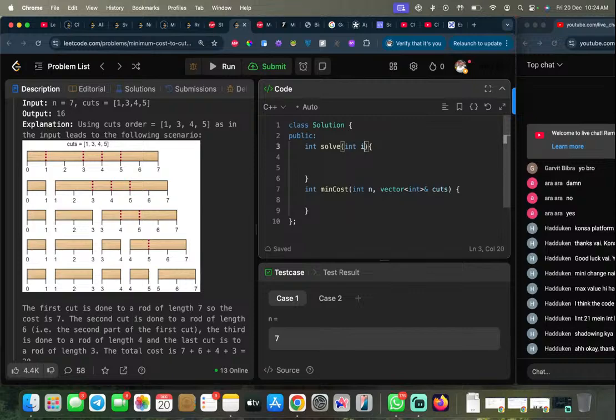If I make a cut at 1, I make a cut at 3.